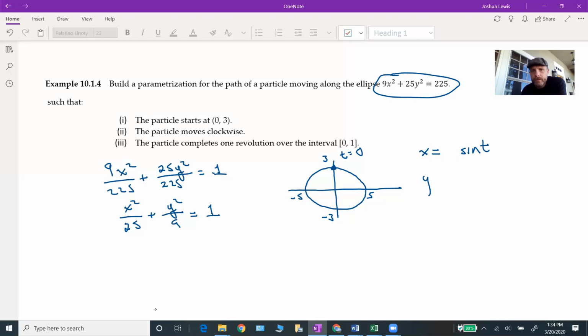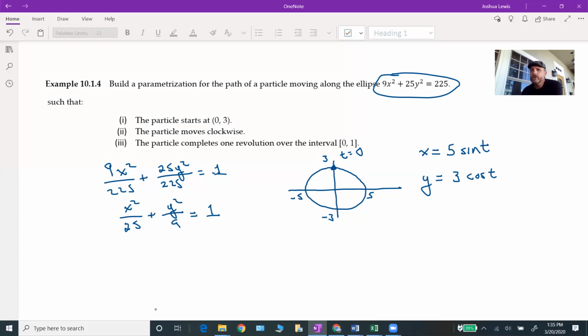And I want my y coordinate to be some version of cosine. Well, let's see. At 0, I need y to be 3. So time equals 0 is going to give me a y right now equal to 1, right? But we really want it to be 3. And that means my x could be 5 sine t.